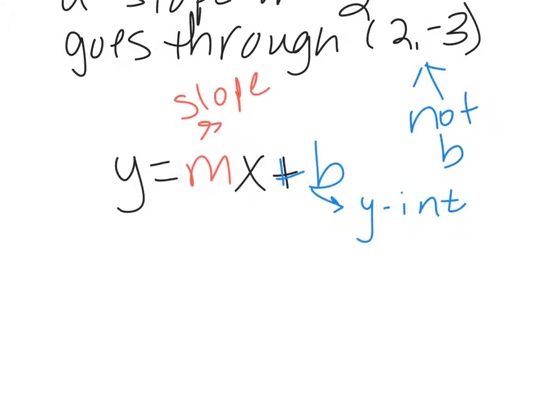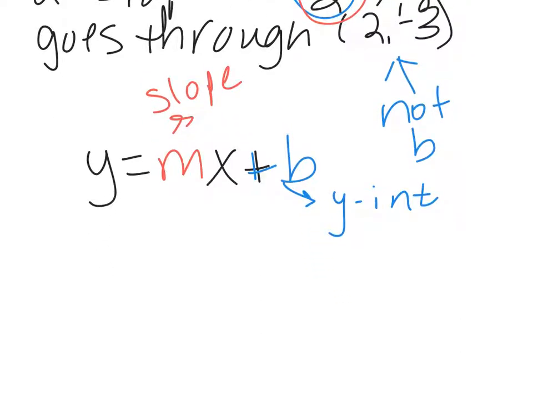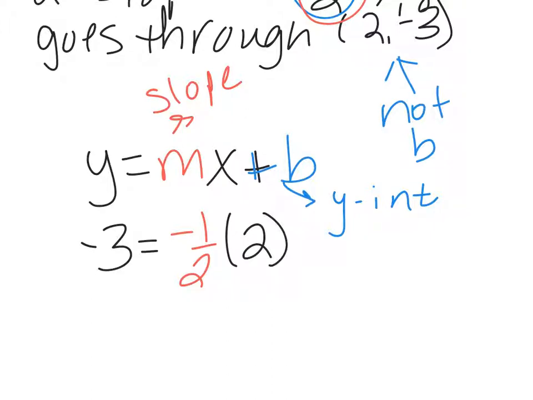This is our slope, m, and this is a point, an ordered pair, x comma y. So I have my y, I have an m, I have an x, I just need to figure out b. So algebra says, you have one missing variable, solve the equation, find out what that is. So the y is -3, m was -1/2, x is 2, and b is what I'm looking for.